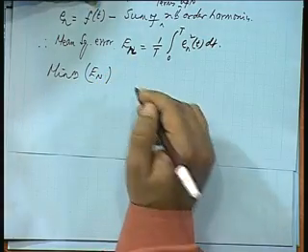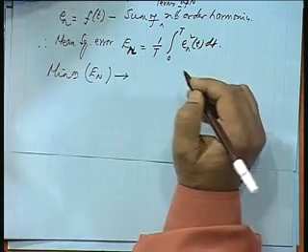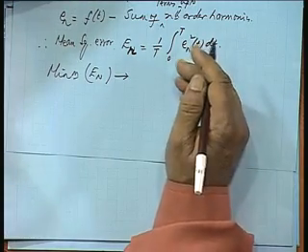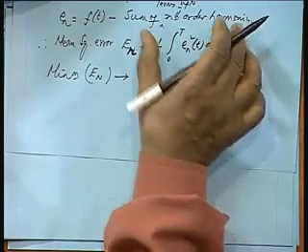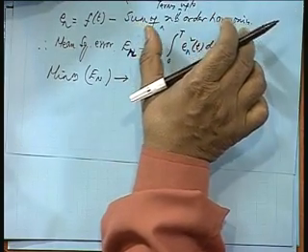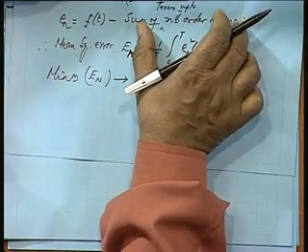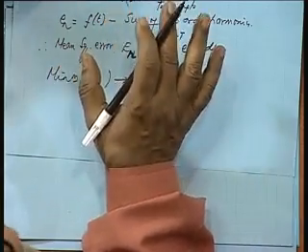It can be shown that minimization of this error gives me that the coefficients of the truncated series are the coefficients of the original Fourier series.